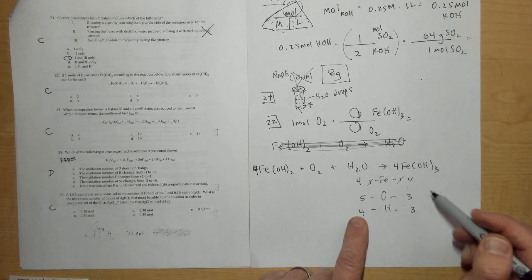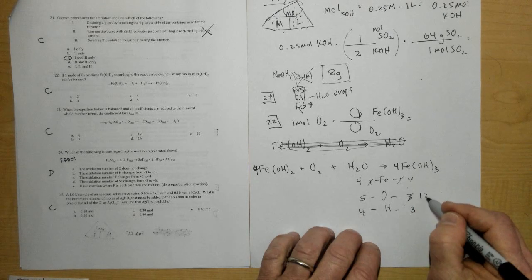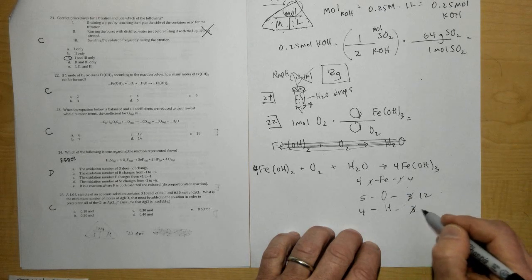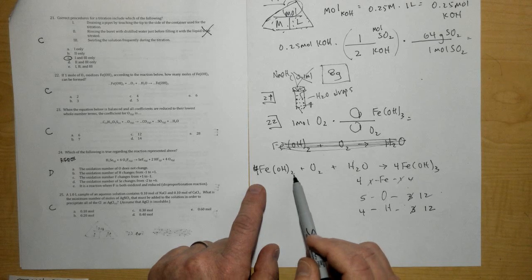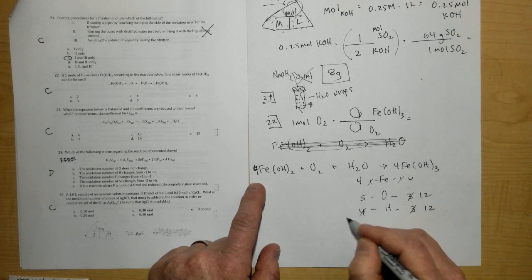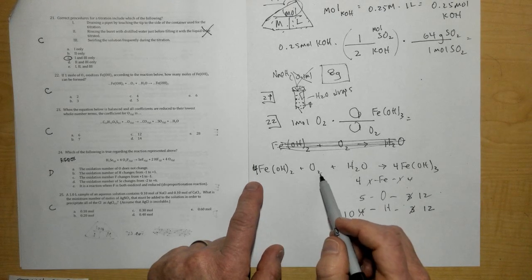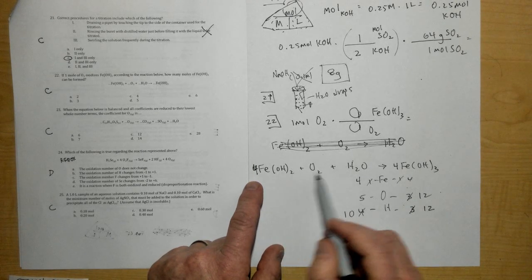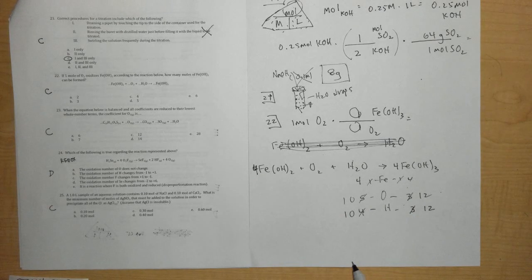And then here I'm going to end up with 12 oxygens and 12 hydrogens. And over here I end up with 8 hydrogens plus 2 more is 10, plus 2 more, 8 plus 2 is 10 oxygens. I'm getting pretty close.